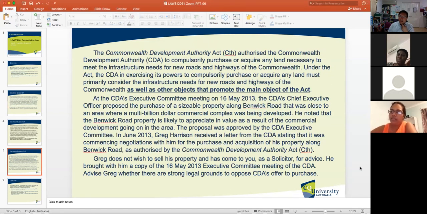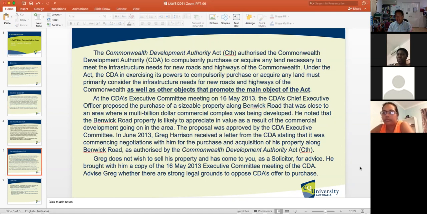Yeah, but do we know what the main object of the Act is? The main object of the Act would be to consider the infrastructure needs for new roads. It says here, must primarily consider. So that's the main object. Primarily consider the infrastructure needs for new roads and highways of the Commonwealth. And secondarily, as well as other objects that promote the main object of the Act.